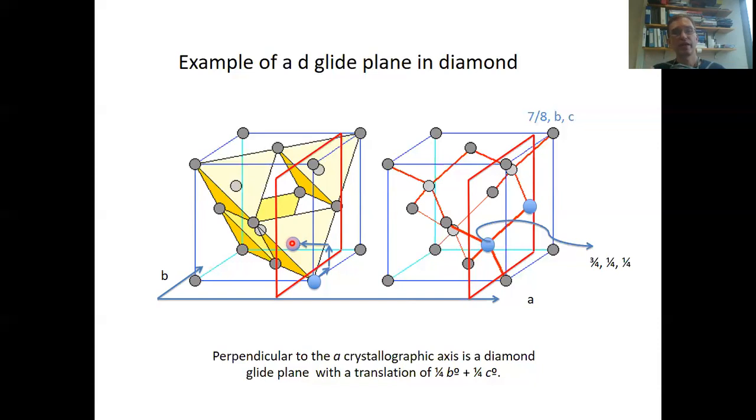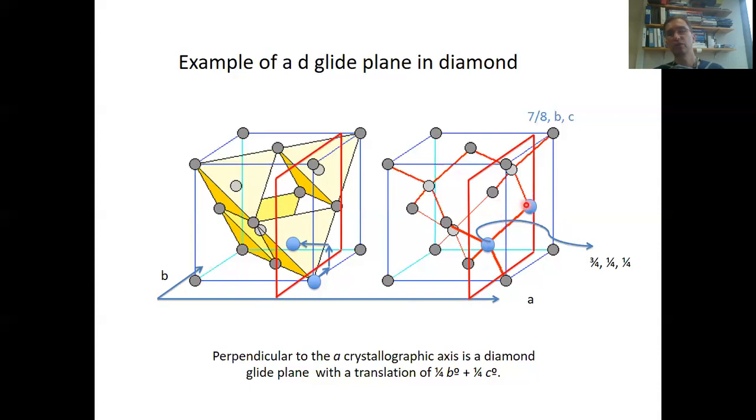If we did that exercise with all the other atoms, we would see that the final positions of the atoms superimpose the original positions. So the symmetry operation is complete, proving that our symmetry element is really there. We can even carry out that symmetry operation a second time. We put ourselves on this atom inside of the unit cell, move it by a quarter into A direction, and then a quarter into B direction, and then reflect.